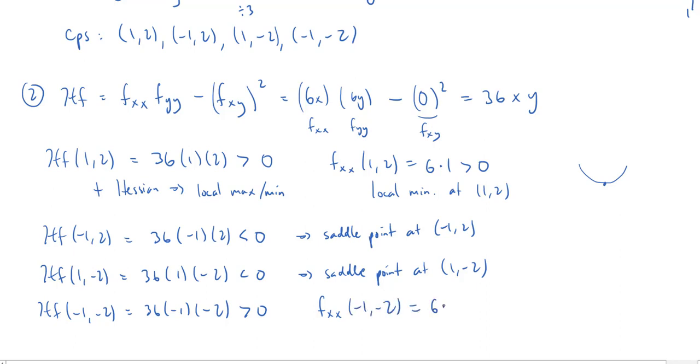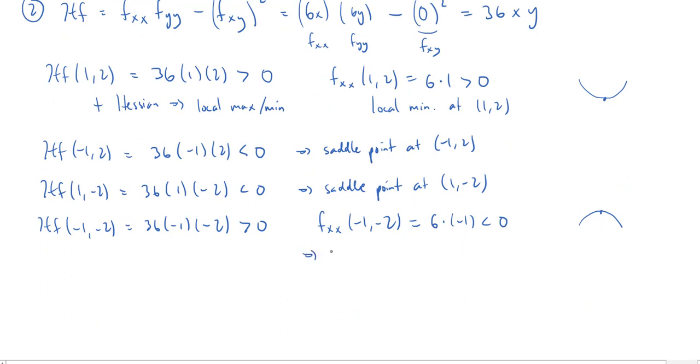This is now 6 times negative 1, which is a negative number. This tells me I have negative concavity, and so I must be getting a local maximum. So we get a local max at negative 1, negative 2.